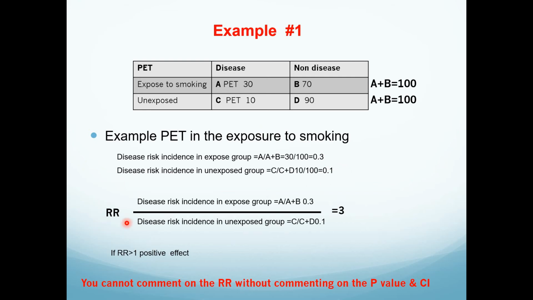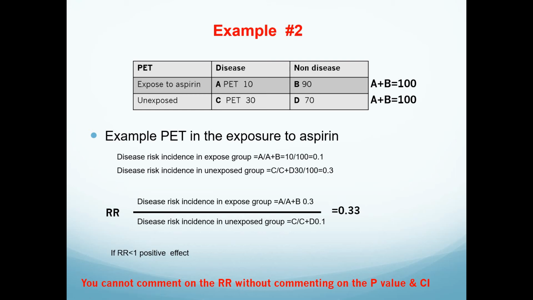When we want to calculate the relative risk, we divide the absolute risk of the intervention by the absolute risk of the non-intervention or unexposed group, and it will be 3. 3 is more than 1, so it has a positive effect. What does that mean? That smoking has a positive effect in increasing the risk of BET. And this is positive risk. If it's more than 1, it is positive in this meaning.